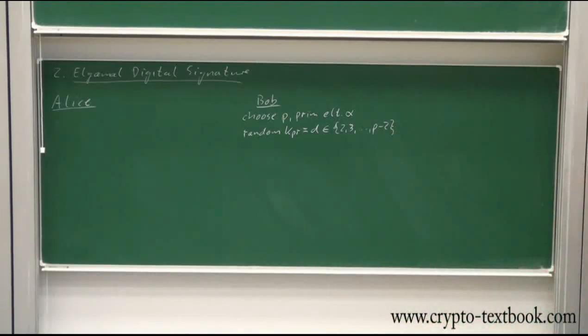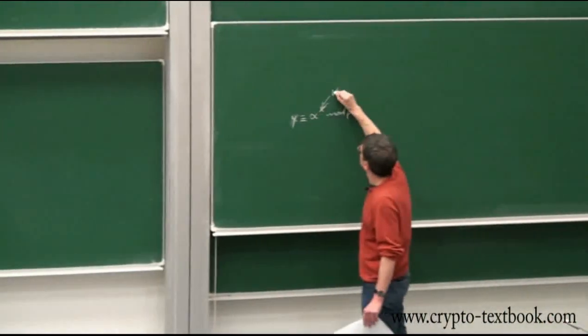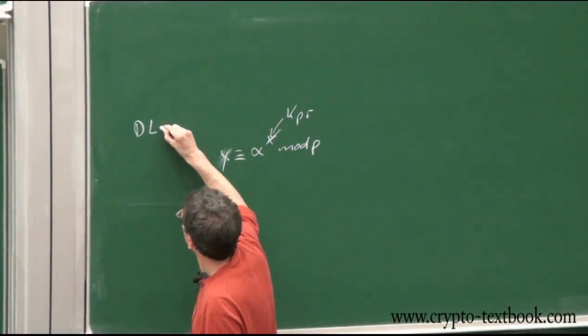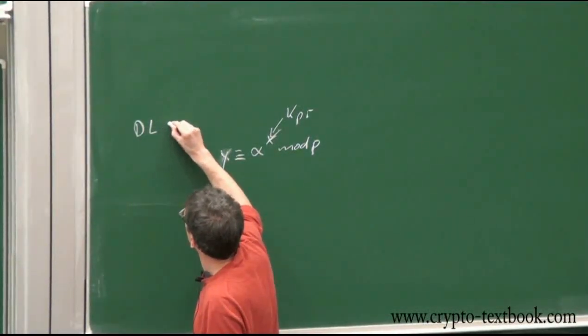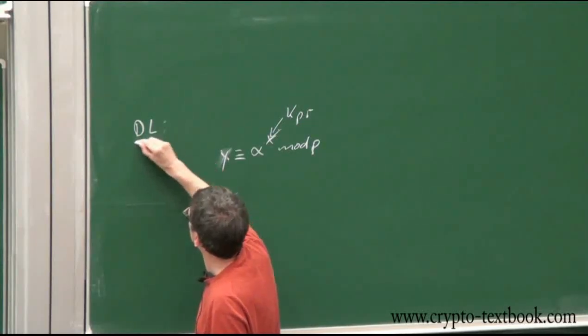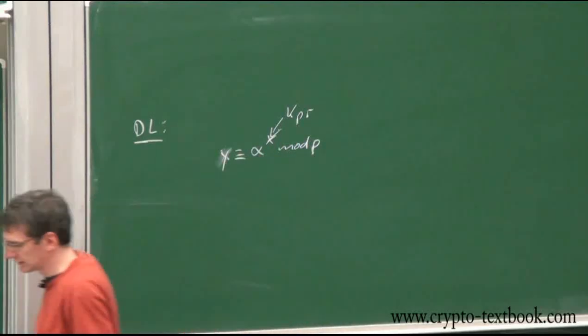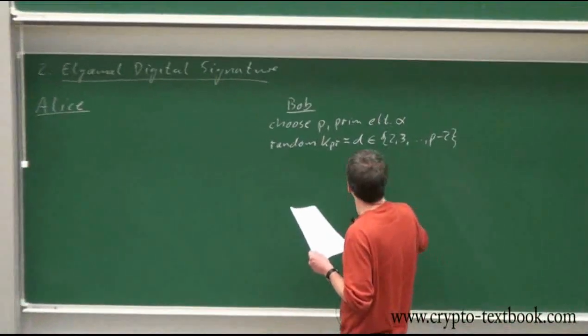So if this is a private key, the private key always shows up, just call that DL. So this is how the DL problem looks, right? The private key always goes in the exponent.